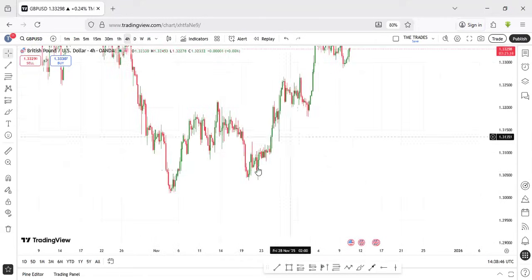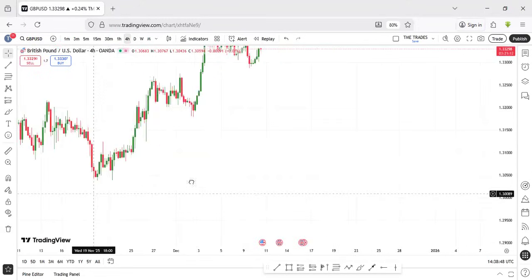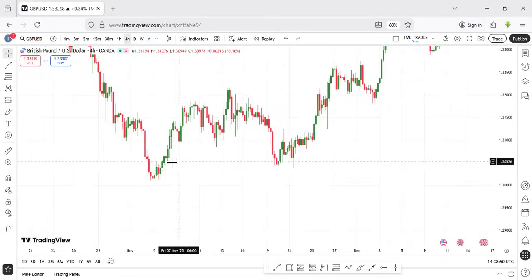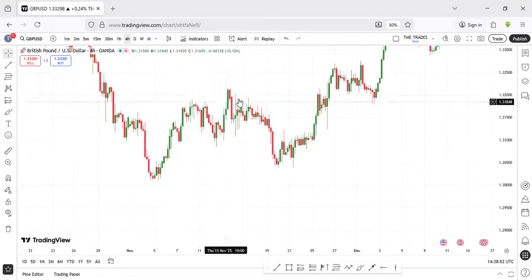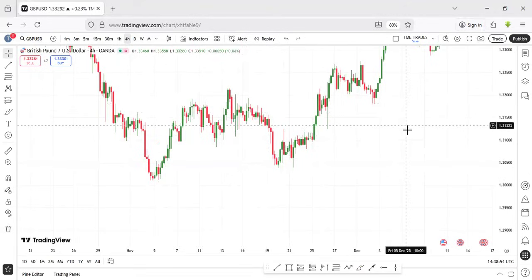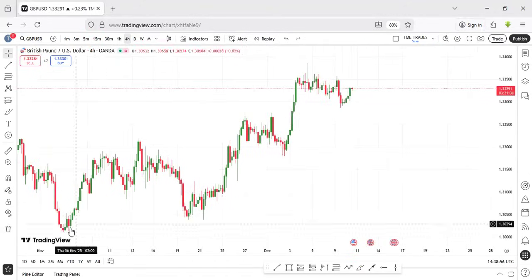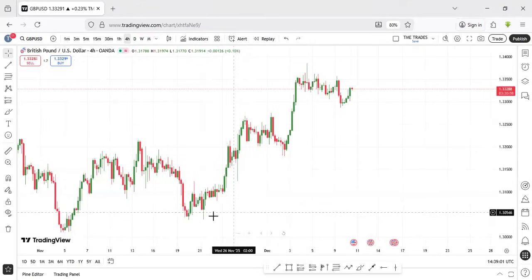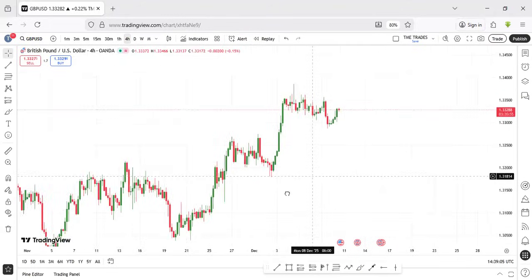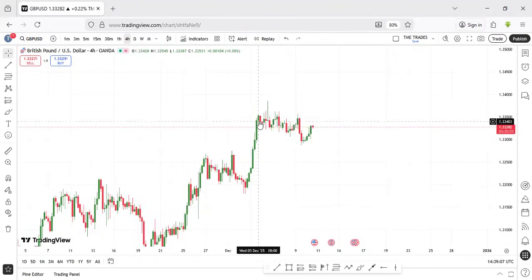Now, when you look at GBPUSD, you can see some gaps were left at this particular place. What did the market do? It came down and covered everything before continuation to the upside. And when you look from here to this particular place, you will discover that no gap was left uncovered.